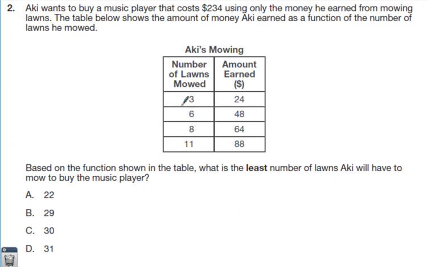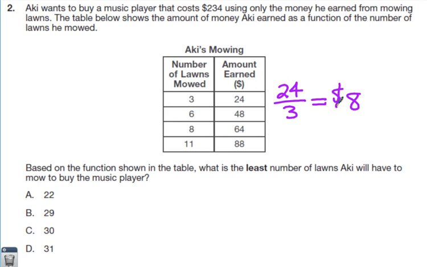When the number of lawns mowed goes up by 3, the amount of money goes up by 24. That's a slope, people. So the slope is 24 for every 3. So essentially, he is earning $8 per lawn mowed. Yeah, looks like it makes sense, right?